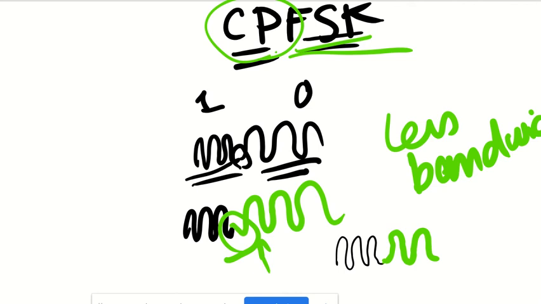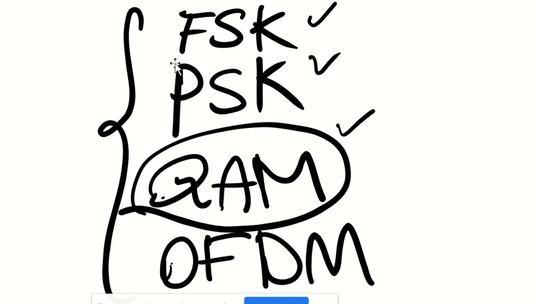Coherent phase, and then whatever shift keying technique you use. So this was extra, just for you to know that there are improved versions of FSK. But the idea is the same: frequency shifting, and having a coherent signal at the end of the day. So that's FSK, frequency shifting.